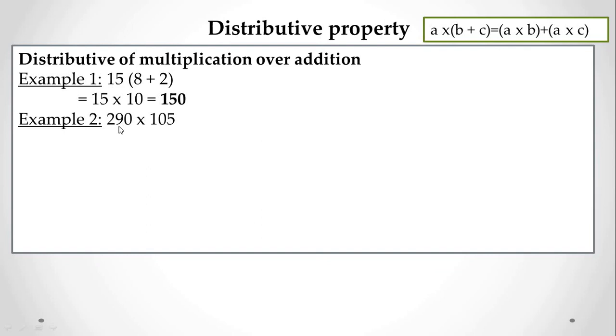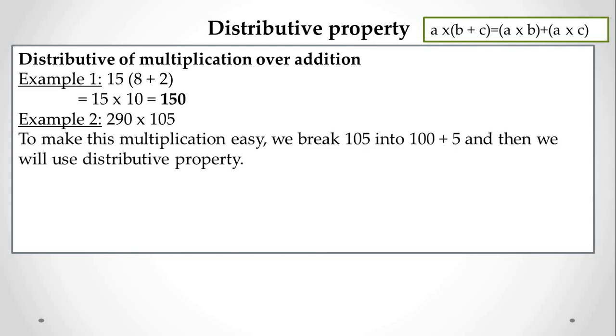One more example. It is particularly used for making the calculation simple. Because of the distributive property we get the calculation in an easy way. Suppose you are solving 290 into 105. 105 is nothing but 100 plus 5, so you can easily multiply this: 290 into 100 plus 290 into 5.